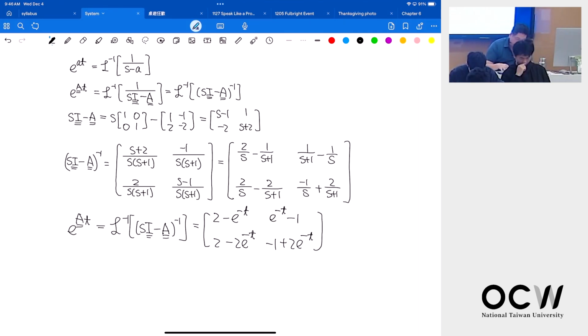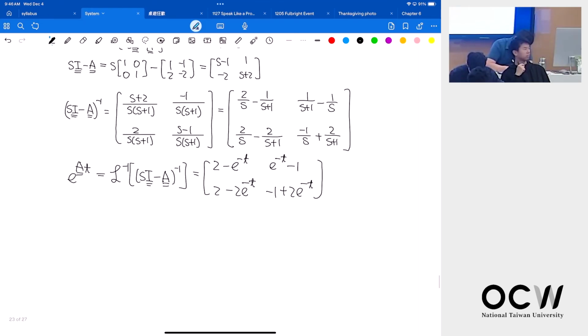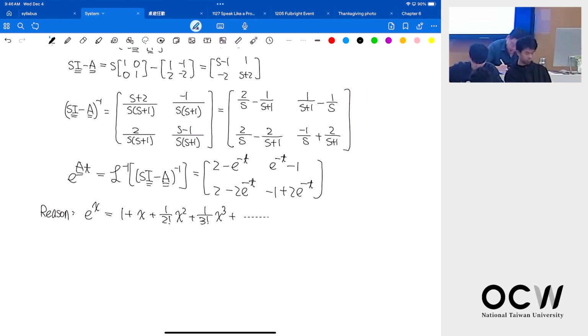Why does it work? Here's the reason. First, e to the x, the Taylor series expansion, is 1 plus x plus 1 over 2 factorial x squared plus 1 over 3 factorial x cubed, and so on. So it is 1 over n factorial x to the n.